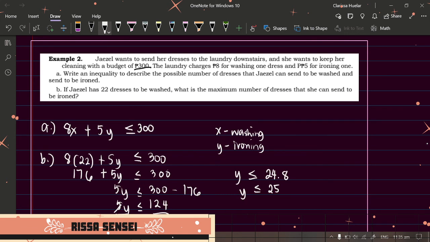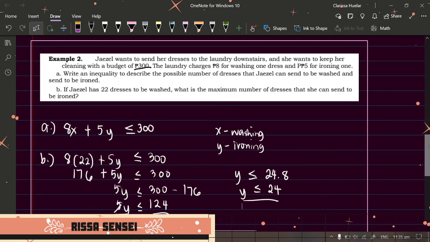5 times 25 plus 176. So, it's 301. So, we have to round it down. Round down, so it should be 24. So, 24 dresses.